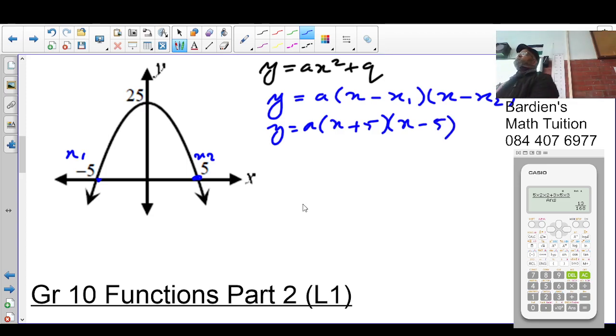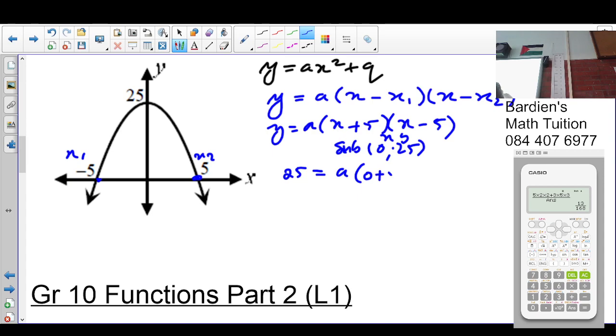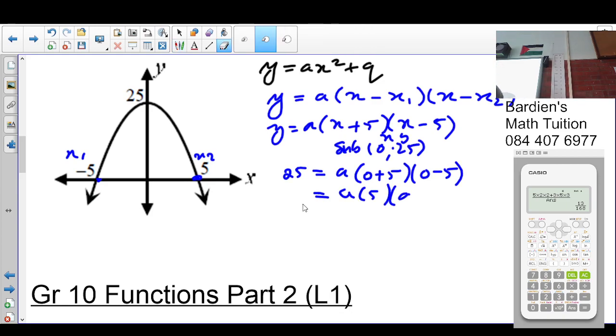What do you need to do? You need to solve for a. So we'll substitute the point lying on this graph, which is 0 and 25. That's the x and the y. So 25 is equal to a into (0 plus 5)(0 minus 5), so it will give you a into 5 and negative 5.